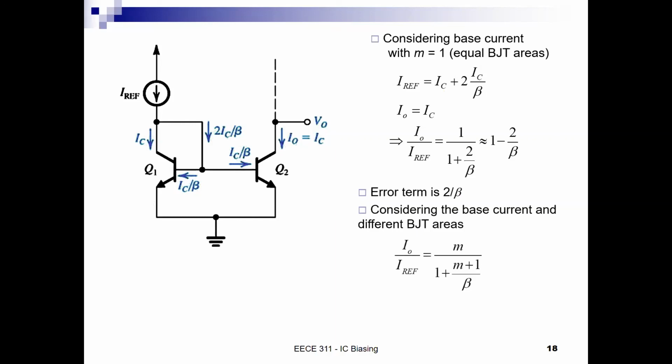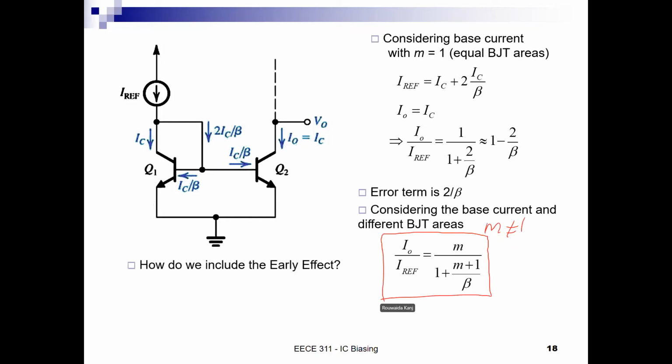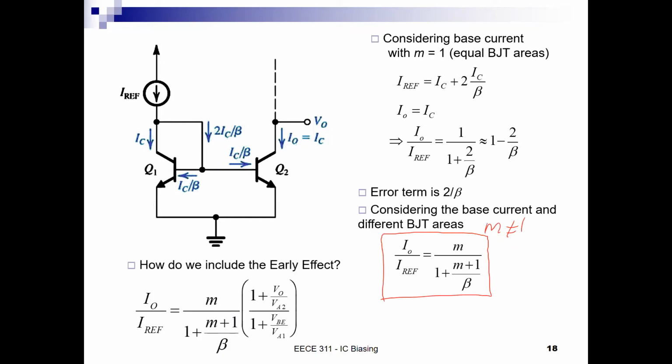Okay. Now, if we have different BJT areas, meaning IC1 is not equal to IC2, if M is different from 1, then we get this equation. Okay. And if I have the Early effect, then the equation becomes a little bit more complex, and I will end up with a value that depends really on VO and VBE and the VAs.